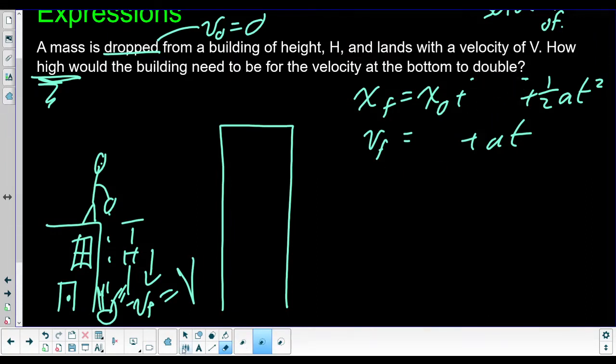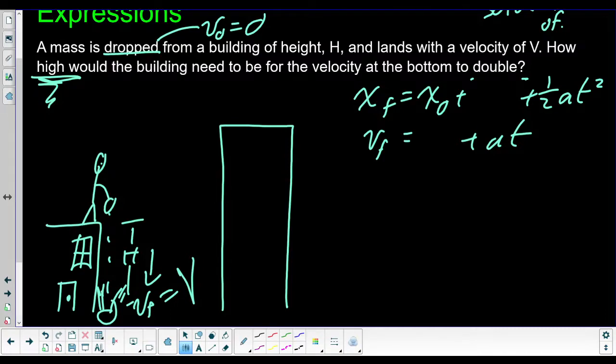Okay, so what we're looking for here is twice as much v final. So what we're going to do is plug in some numbers that we know just to get started. Because right now this looks like a mess, right?